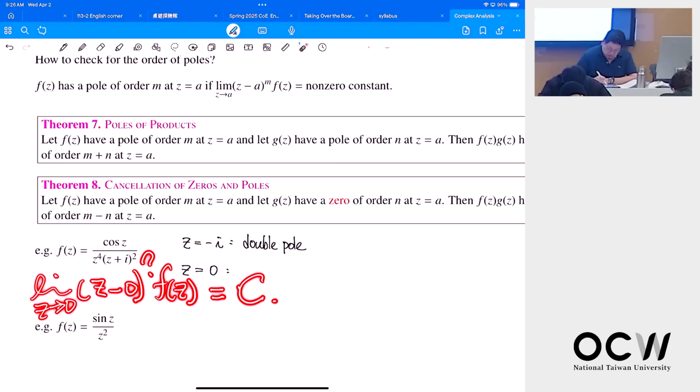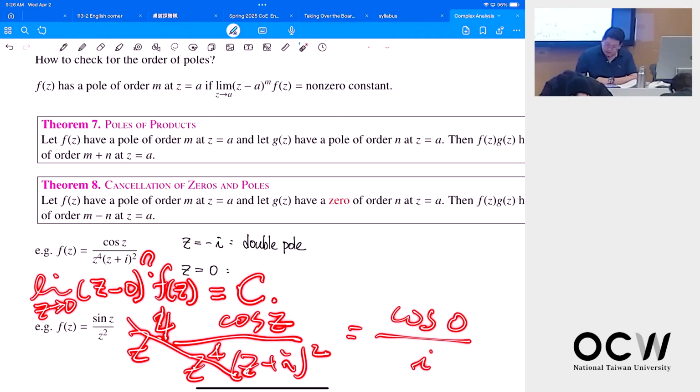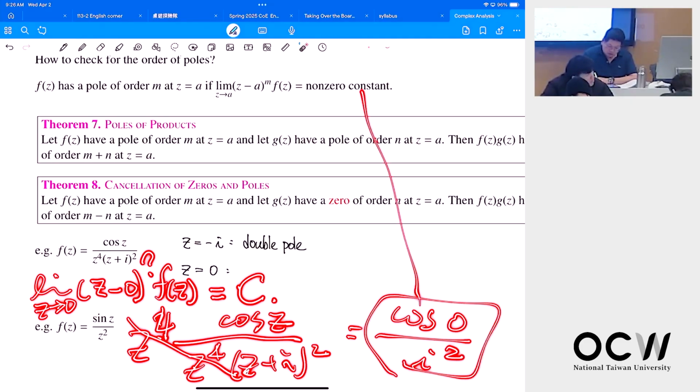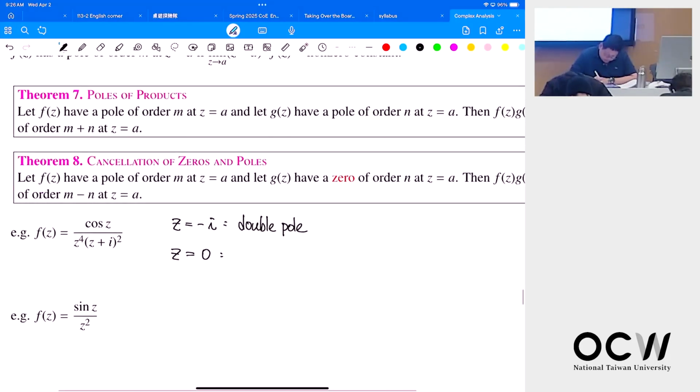Here I have z to the something, and then z to the fourth, z plus i squared, cosine z. At least this question mark should be 4, right? They'll cancel out. And we replace z with 0. Then I have cosine 0 and i squared, and this is a non-zero constant. So at z equals 0, I have a pole of order 4.